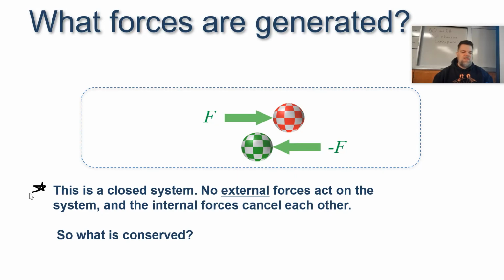Now, this is all theoretical too. I should probably point that out. When we say no external forces act on the system, technically that's not true, right? There's air, unless you're doing this in a vacuum, so there's air resistance and stuff like that.